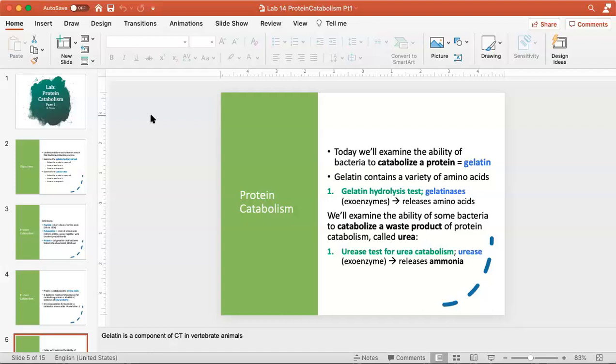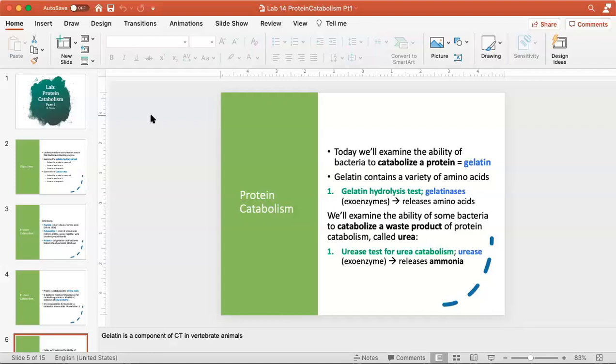It's found in connective tissue in humans and other types of vertebrate animals, so it's very abundant in the body. We also use gelatin as a dietary or nutritional food. If you've ever had Jell-O, or anything that has a gelatinous texture to it, gummy bears and things like that, those often have gelatin inside of them.